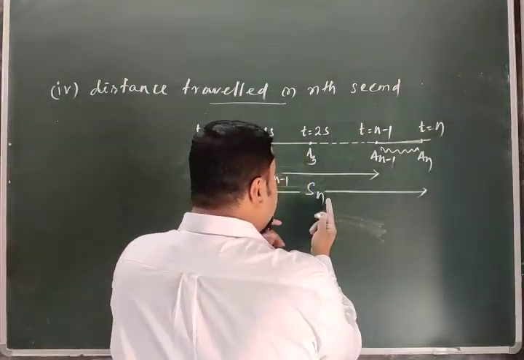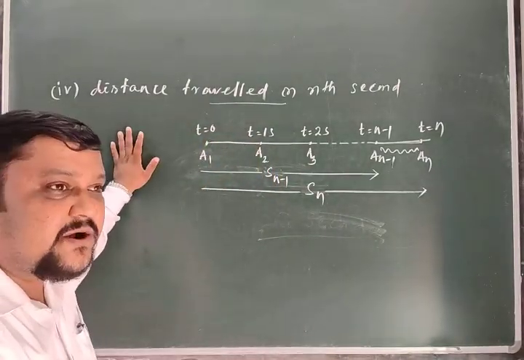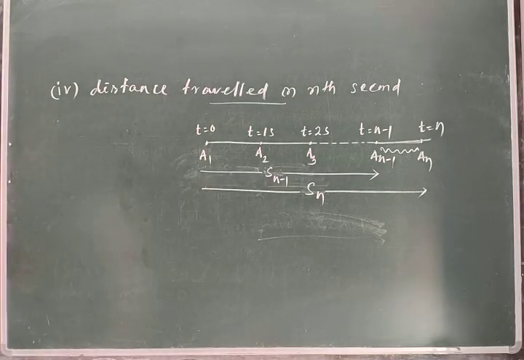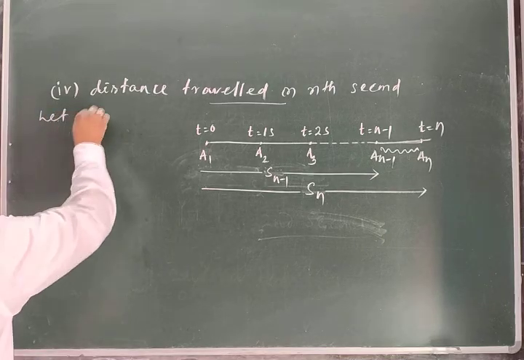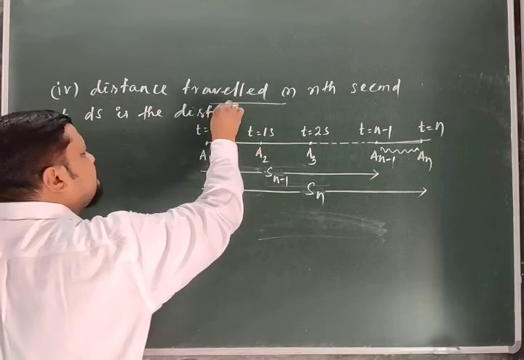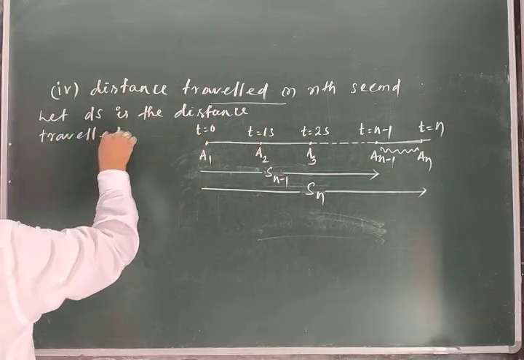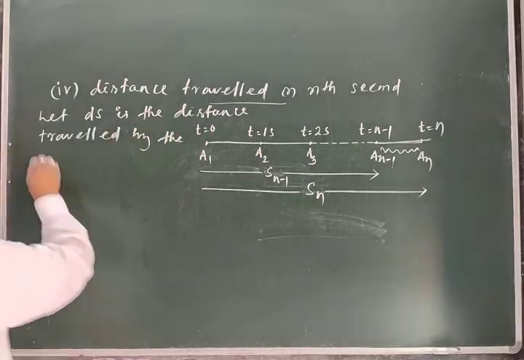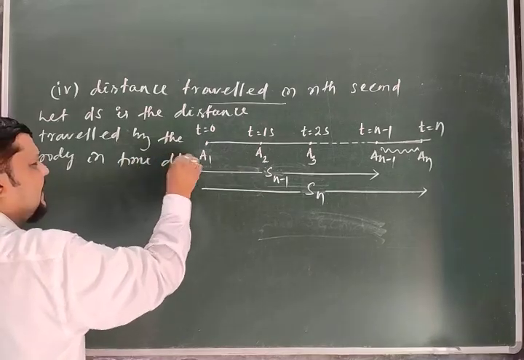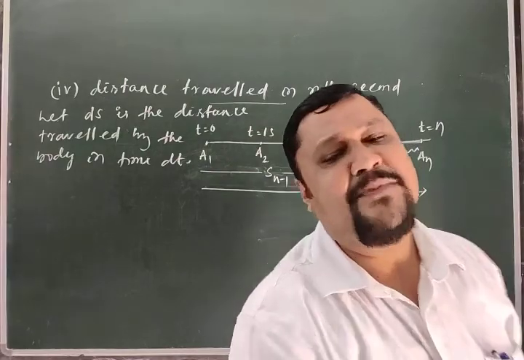What will I do? I will make Sn minus S n minus 1. That is one way. But we are using the calculus method, so I will use the integration part here. Okay. So let ds be the distance traveled by the body in time dt, and obviously during the whole path the acceleration is uniform and the body is moving in a straight line.